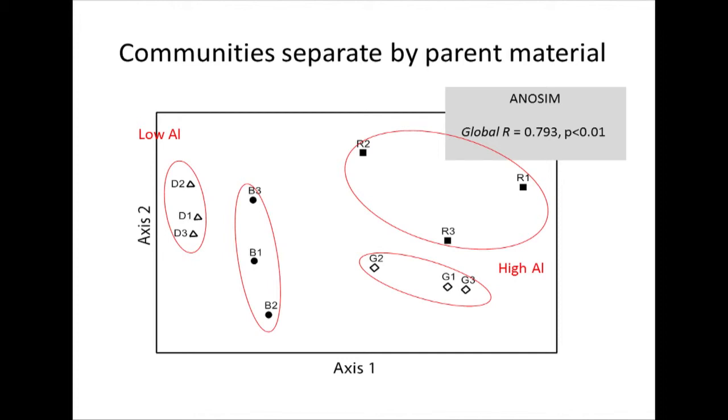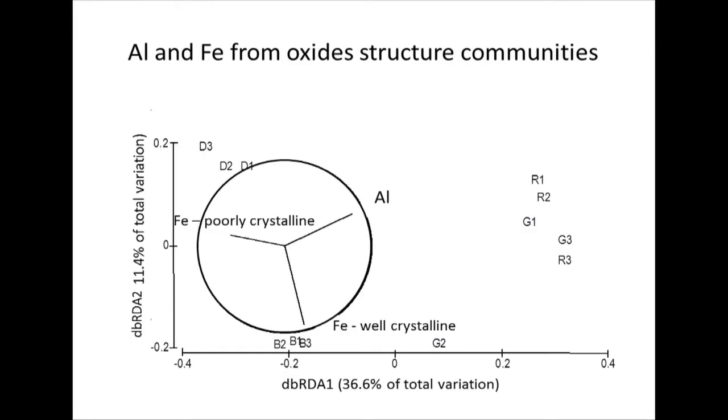We wanted to model this just like we modeled the continental scale data. And this one was interesting because we found that, yes, we had to incorporate aluminum in the models. On axis 1, we have 36.6% of the variation explained by this model. The straight line is extending out to the aluminum.